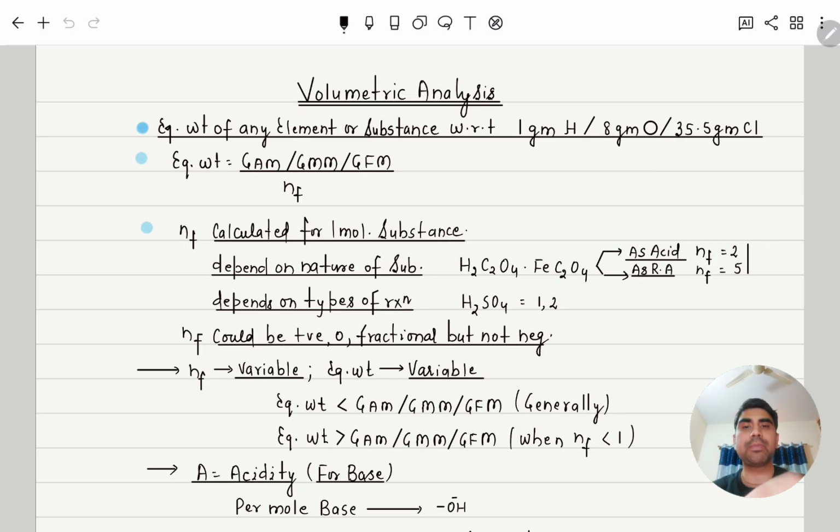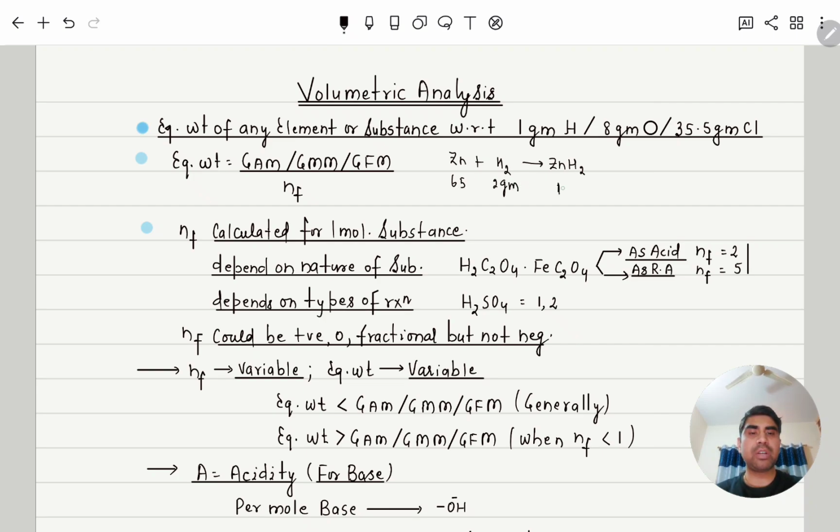Suppose, for example, zinc combines with H2 and forms ZnH2. The zinc mass is 65, and here 2 grams of hydrogen is either added or replaced.